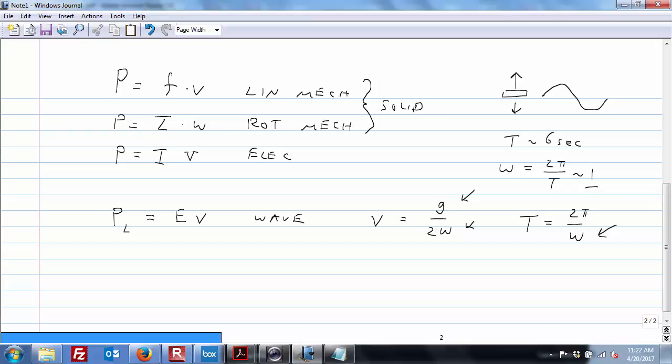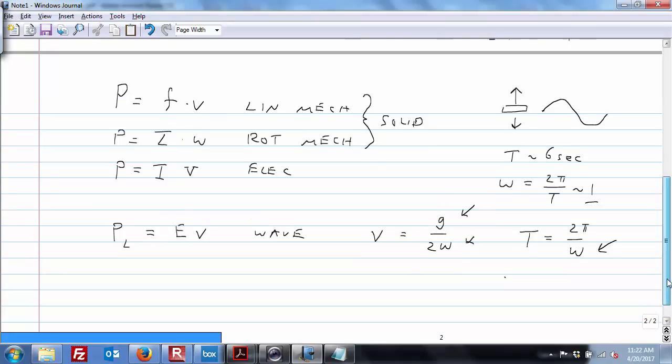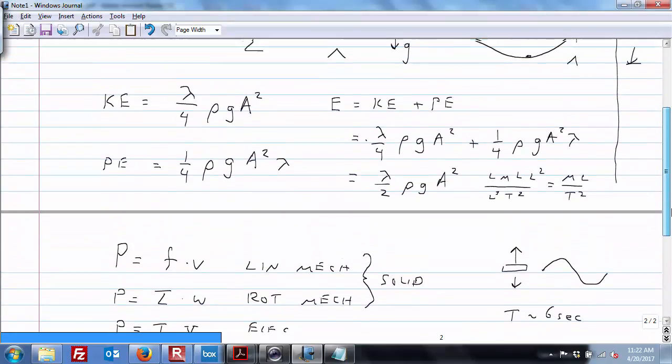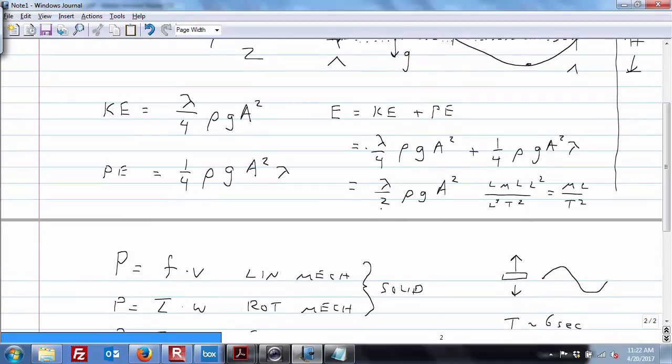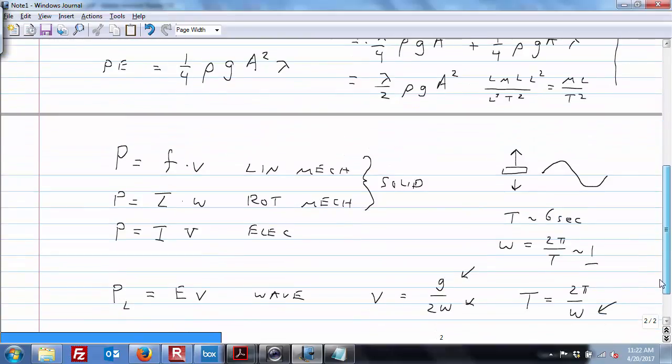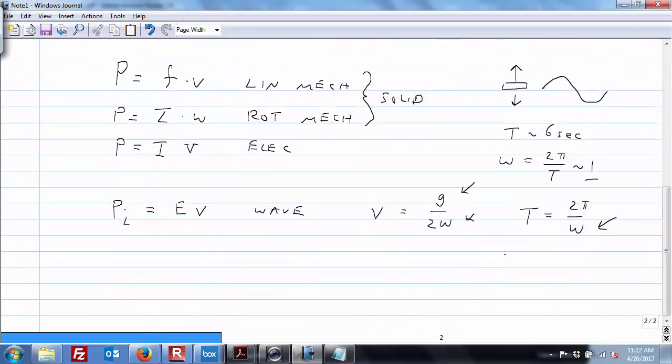Okay, so from there, let's get our equation for energy. Energy, which was this guy right here, rho g A squared by 2. So again, energy equals rho g A squared by 2.